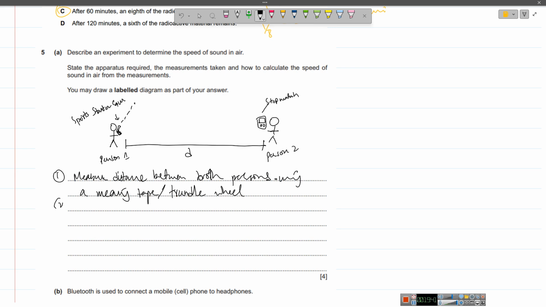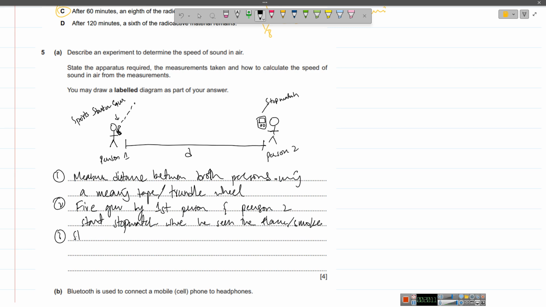That's step one. Step two, fire gun by first person, and person two starts stopwatch when he sees the flame or smoke, whichever is coming out of the gun, right?